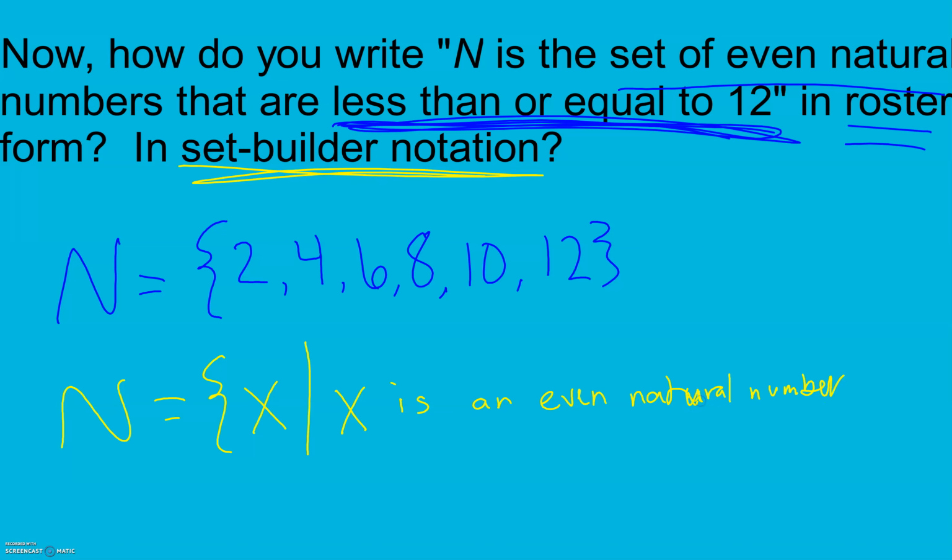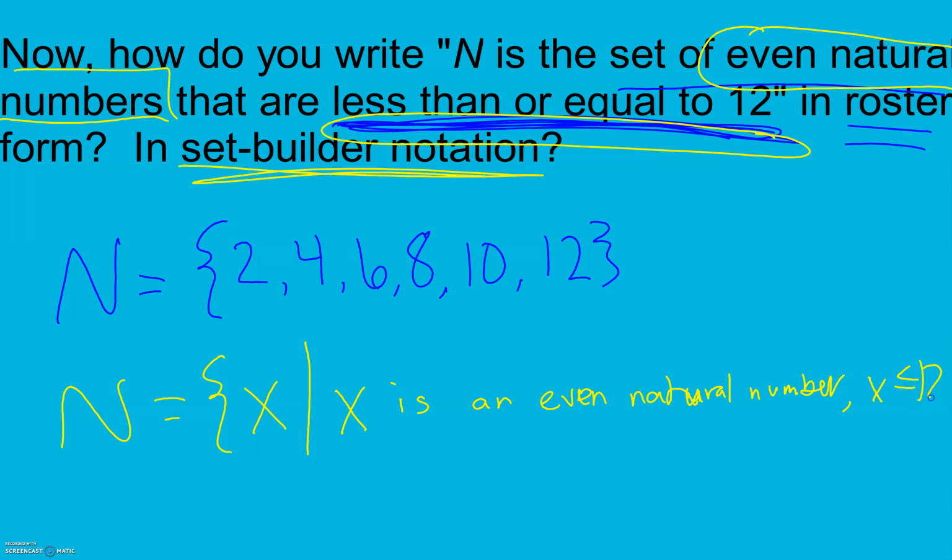That's one of my restrictions. My second restriction is that it's less than or equal to 12. The comma means we're continuing on: that number is less than or equal to 12. And again, curly brackets to show that we finished our set.